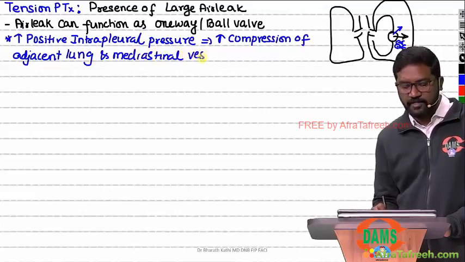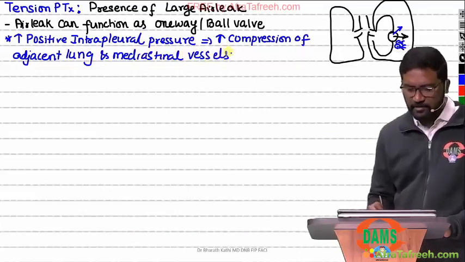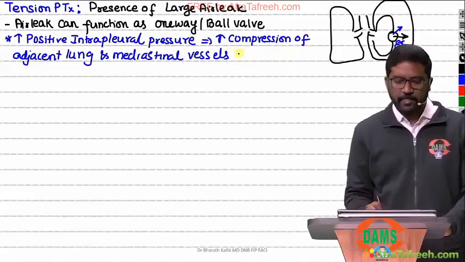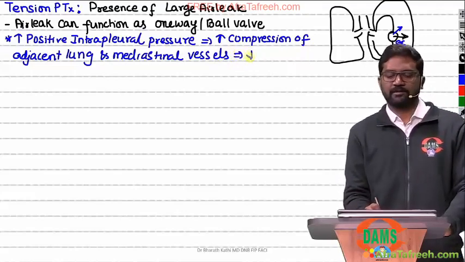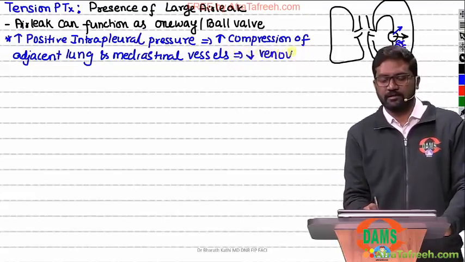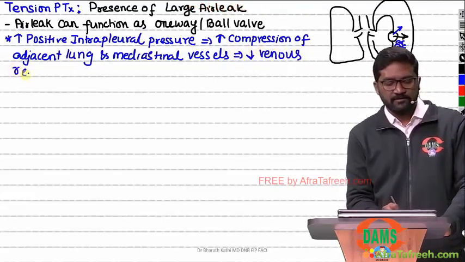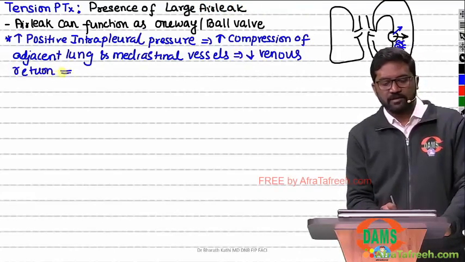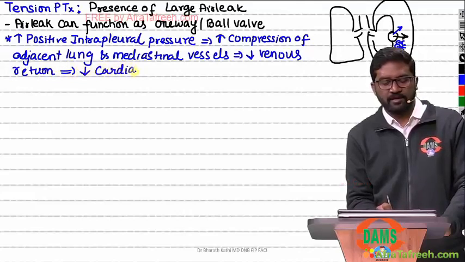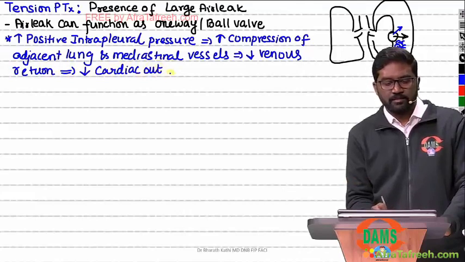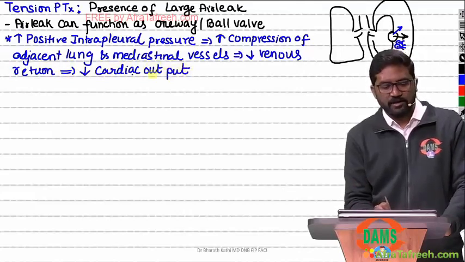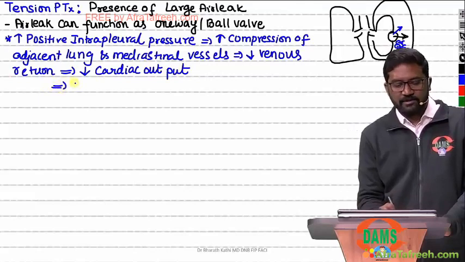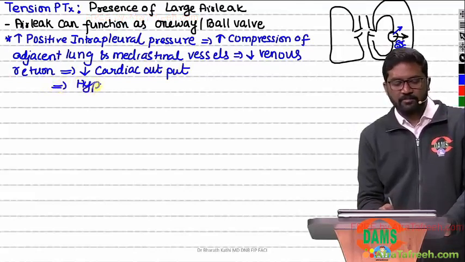So once the great vessels are getting compressed, there will be reduction in venous return. Now once venous return is reduced, it will translate as reduced cardiac output. Because of reduction of cardiac output, patient will develop hypotension and he can land up in shock.